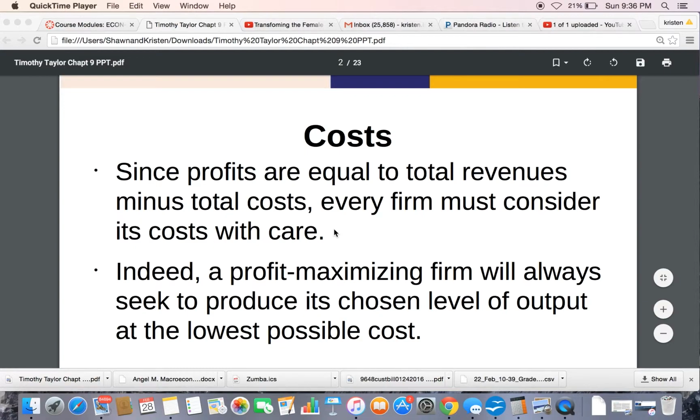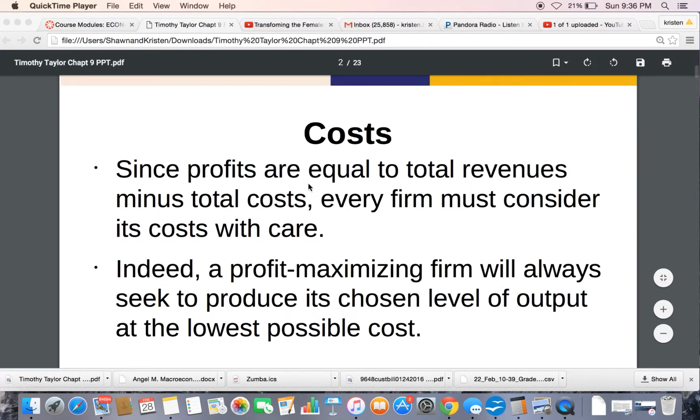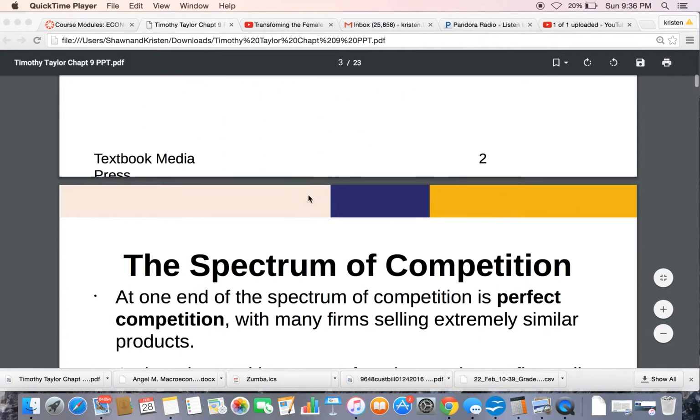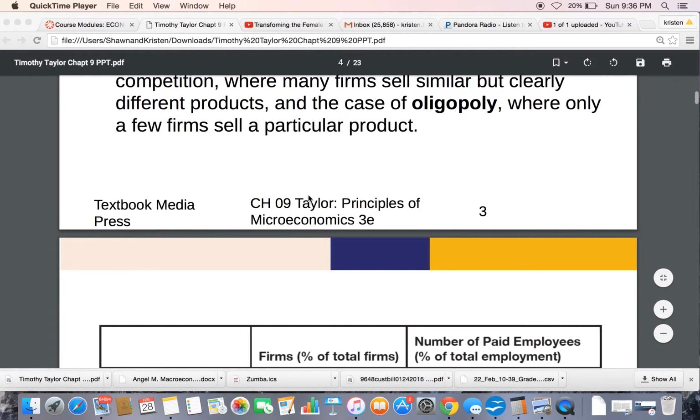So increasing marginal costs will be something that the firm faces in the short run. And therefore, you're going to maximize your profit where total revenues minus total cost is greatest. So it's not necessarily where total revenues are greatest or where total costs are minimized, but where the difference between total revenues and total cost is maximized. That will be where a firm is maximizing profit.